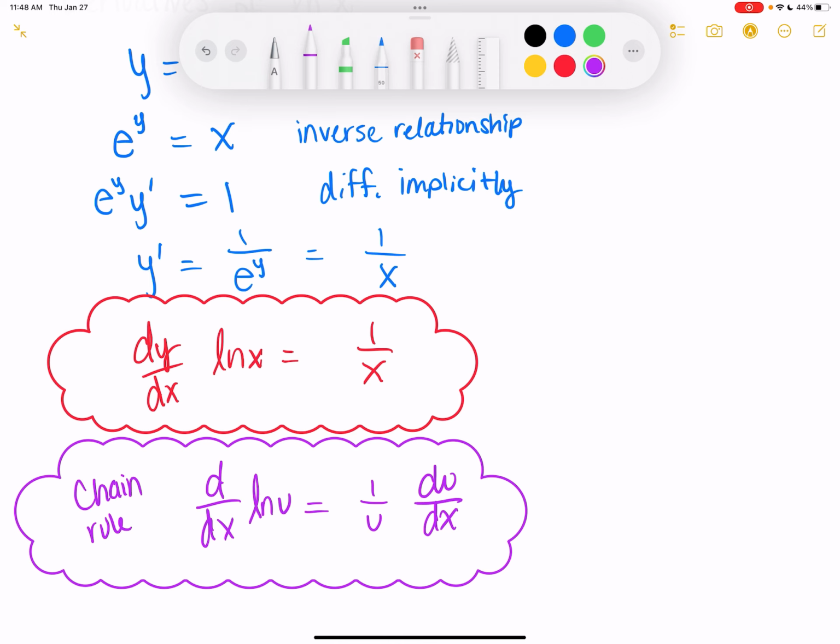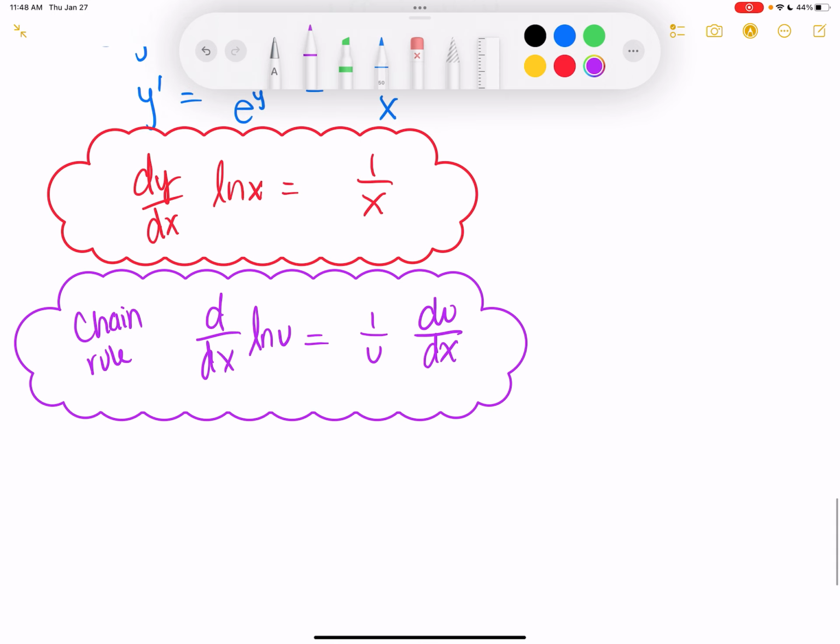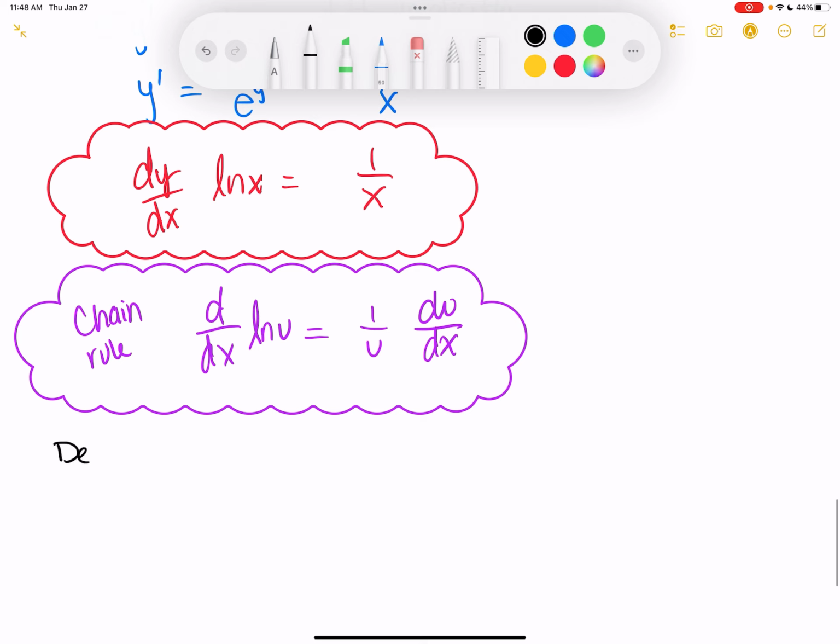Also I'll show you the derivatives if you have a log of another base. So the derivative of log base a of x.